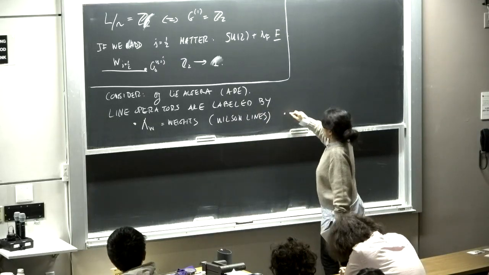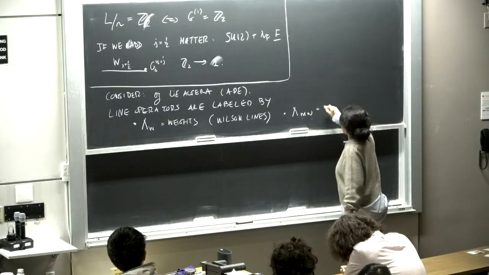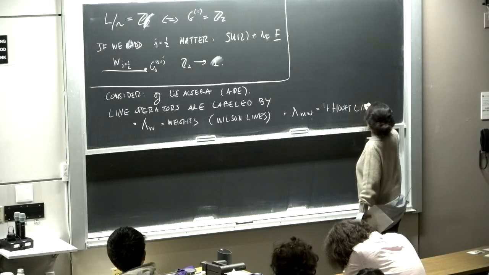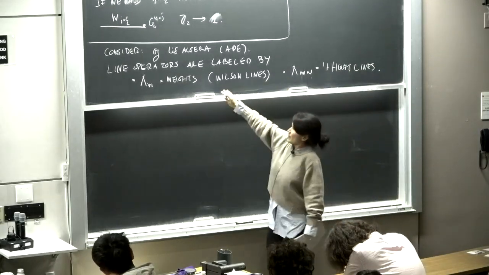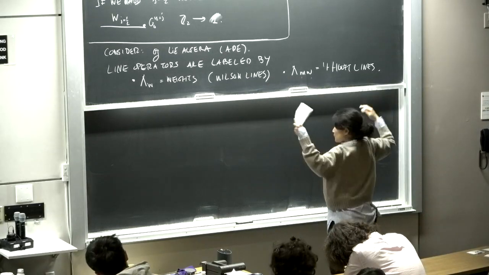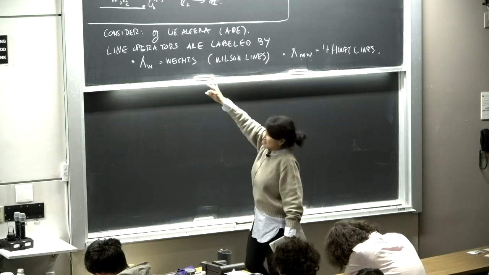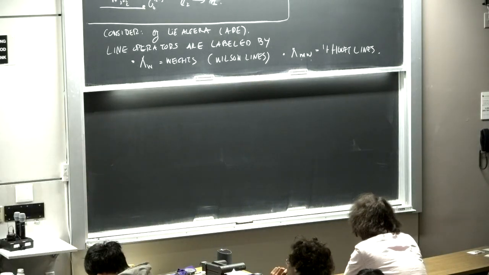Or we can also have 't Hooft lines, and they're labeled by the magnetic weight lattice, and these are the 't Hooft lines. So this is sort of the full superset of possible line operators, when I haven't specified yet any kind of gauge group that I'm considering.